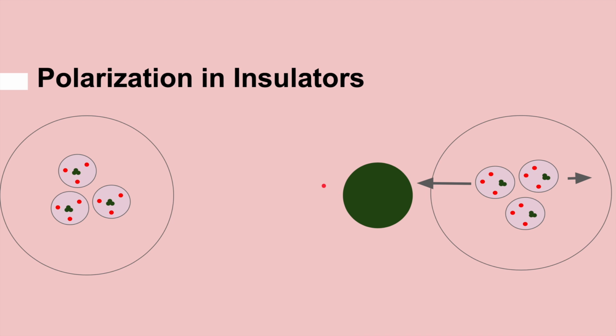Now what about insulators? Remember that insulators, they're tightly bound around the center of our object. So if here we have an atom that has protons and neutrons at the center, and they have electrons on the outside. Let's say we have 3 atoms. These 3 atoms are super tightly bound in this circle. This is a rubber circle, let's say.